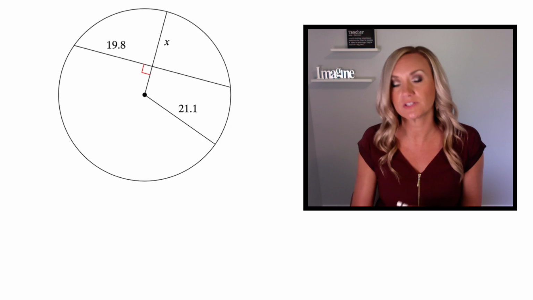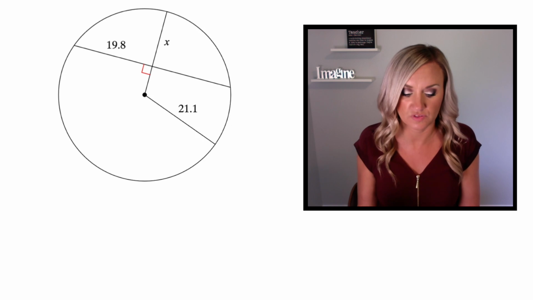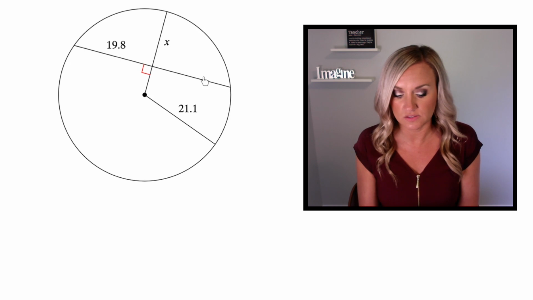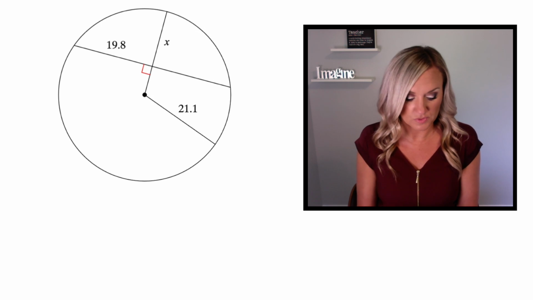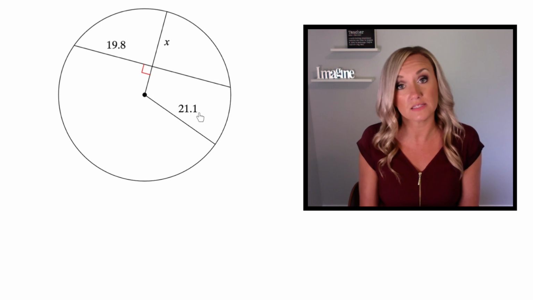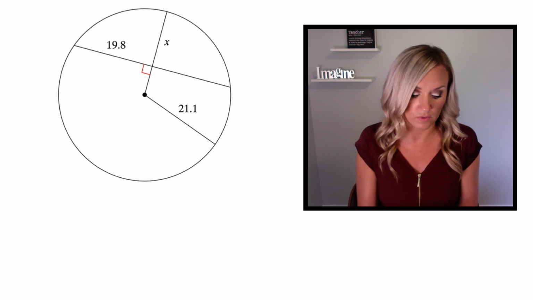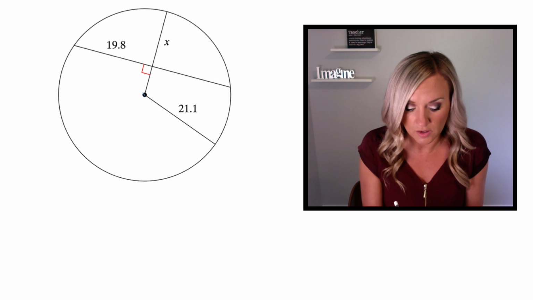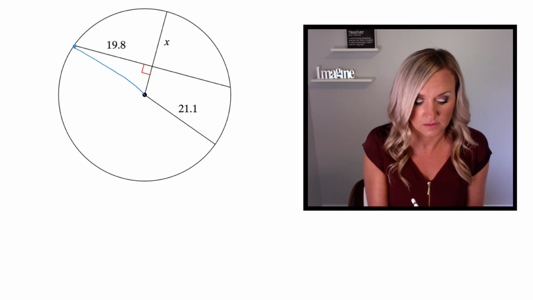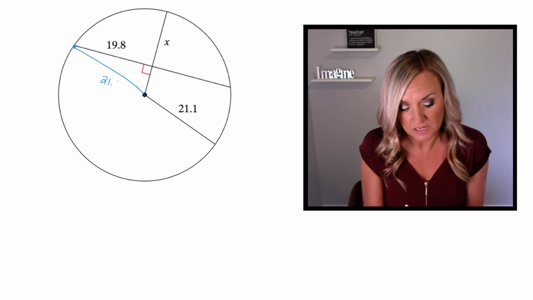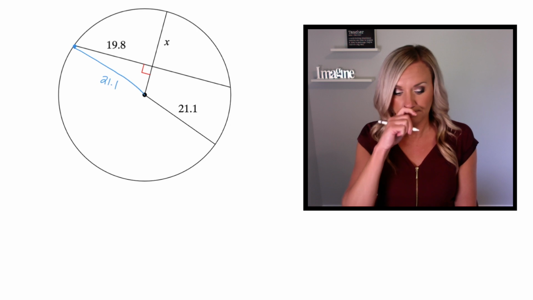For example number 2, we're going to do a similar thing. I want you to just identify the parts of this circle. This is the chord right here. The chord is being intercepted here with a radius, and it's at 90 degrees. Since we have another radius here, and it tells us that radius is 21.1, we can draw in another radius, and that would also be 21.1.